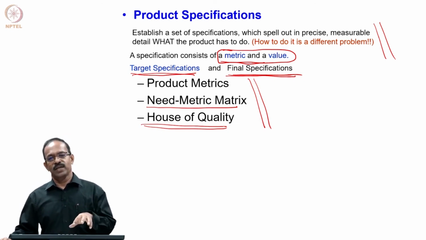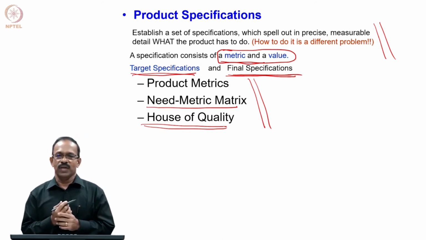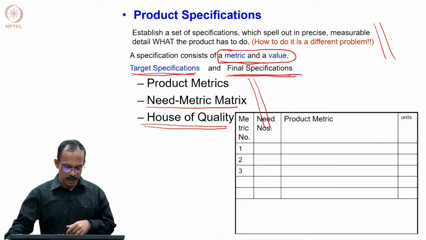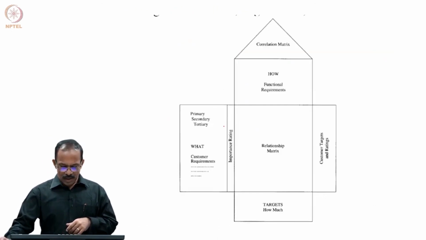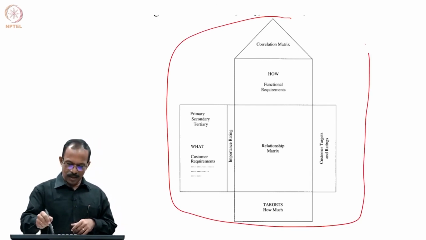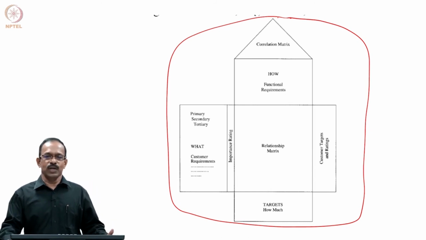Once it is satisfied, then you are satisfying the customer. That is the understanding of the specification for a product. And we talked about the house of quality, which is a pictorial representation of the customer needs, metrics, values, and benchmarking information.